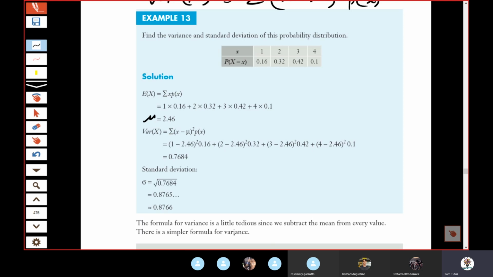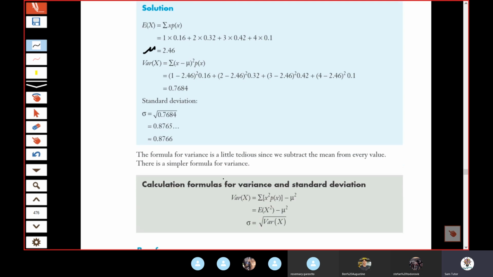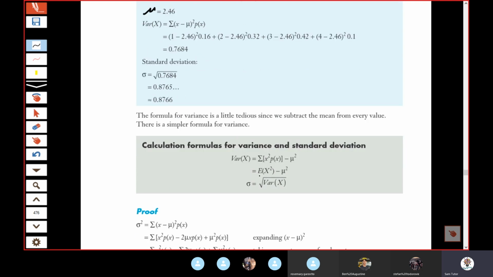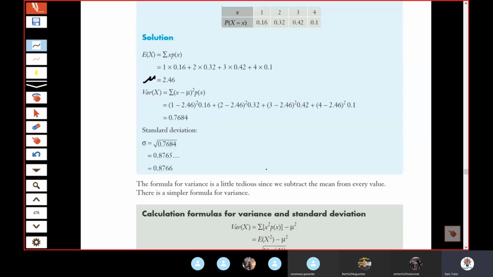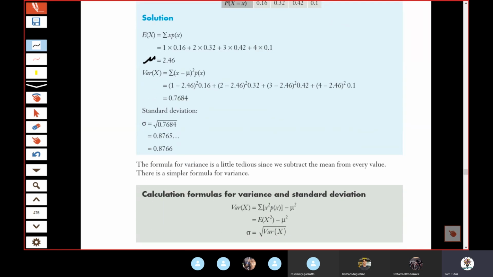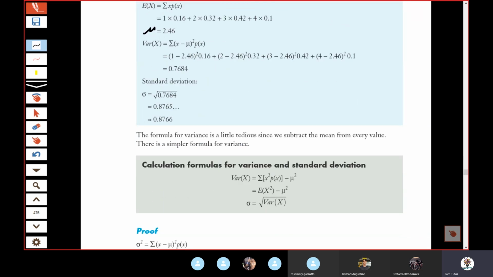Well, they are going to do the simple formula. Thought so. And nobody? All good? The formula for variance is a little tedious since we subtract the mean from every value. There is a simpler formula, and yay, there it is: E of x squared minus mu squared. So you could do that, or you could do the expected value of x squared minus mu squared.